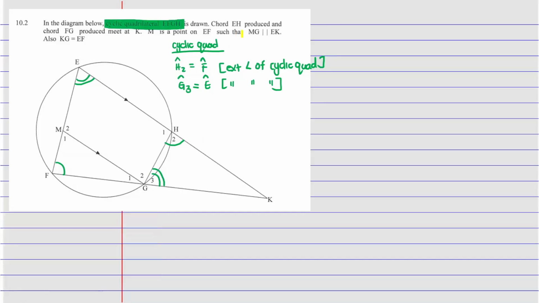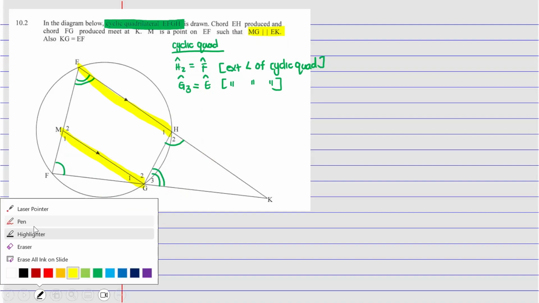MG, which is this one, is parallel to EF, this one. So now we need to talk about the properties of a cyclic quad, or rather the properties of parallel lines.